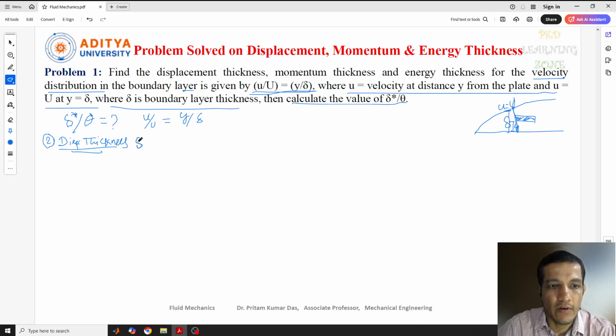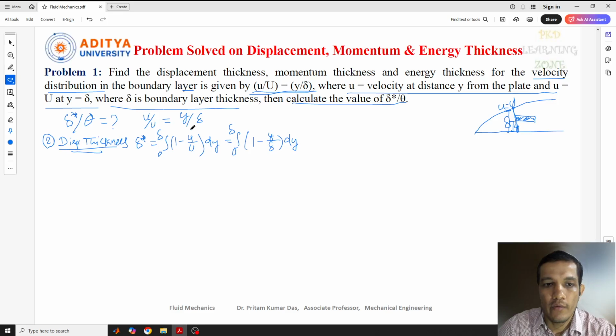What was the formula? Delta star equals the integral from 0 to delta of 1 minus small u by capital U into dy. Putting the value here, it is the integral from 0 to delta of (1 minus y by delta) dy, since the velocity profile is given.